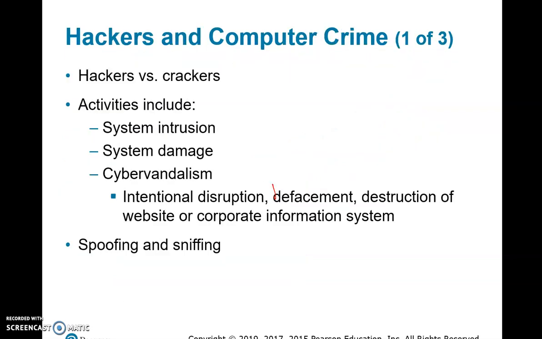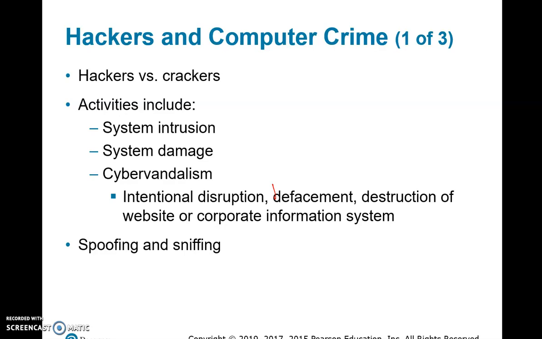Okay, the next thing I want to talk to you about is the difference between a hacker and a cracker. Simply put, a hacker is someone who identifies the flaws in the security systems of an organization and works to improve those flaws.